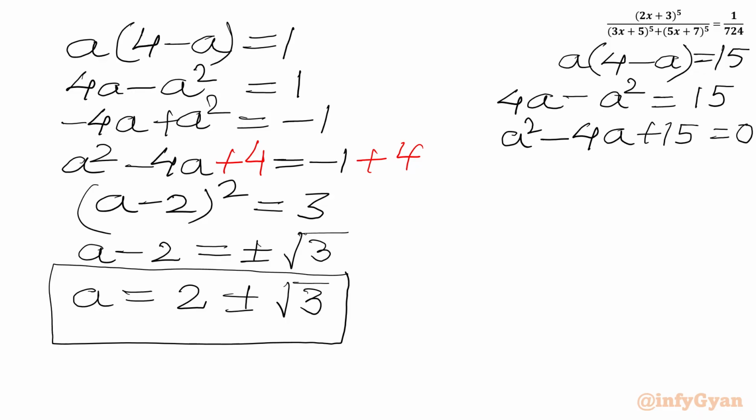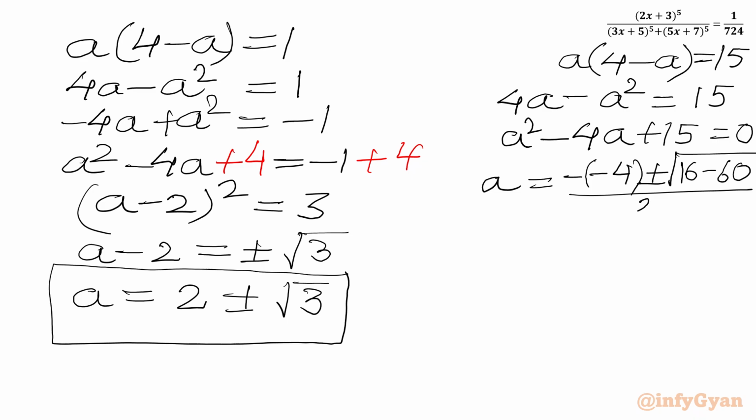Now we can use the quadratic formula. So a will be equal to minus b, so I will write minus of minus 4, plus minus the square root of b square. So minus 4 square is 16, minus 4 times 1 times 15, which will be 60, over 2 times 1, so 2.